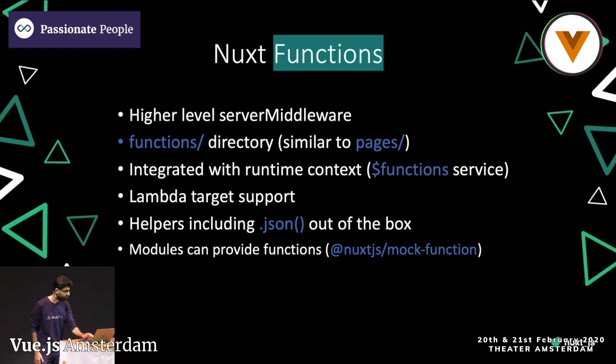And modules can also provide functions. So if you are going to create a solution, you can expose your functions to the project. If you have a service, you can just introduce a Nuxt module and say, just install this Nuxt module in a single line, and you can use it in your application without being worried about anything.